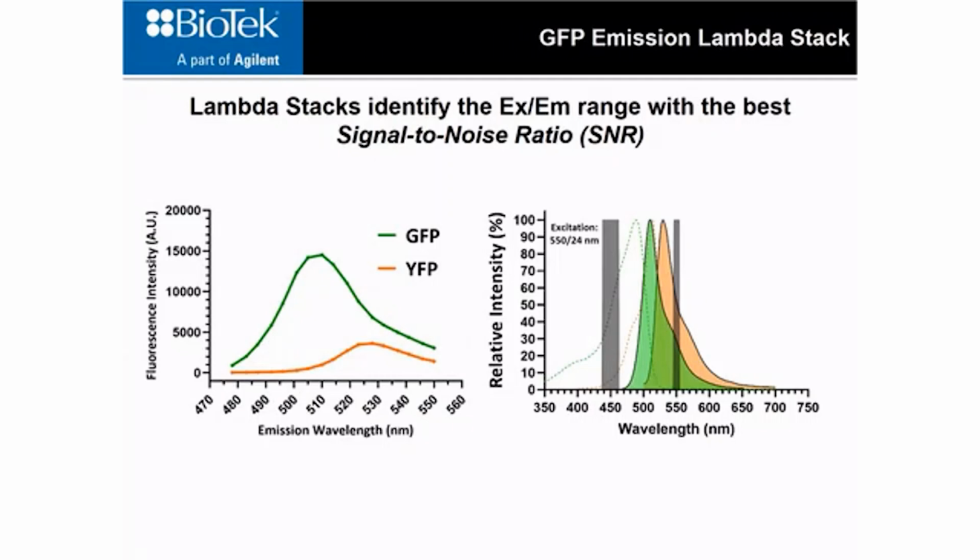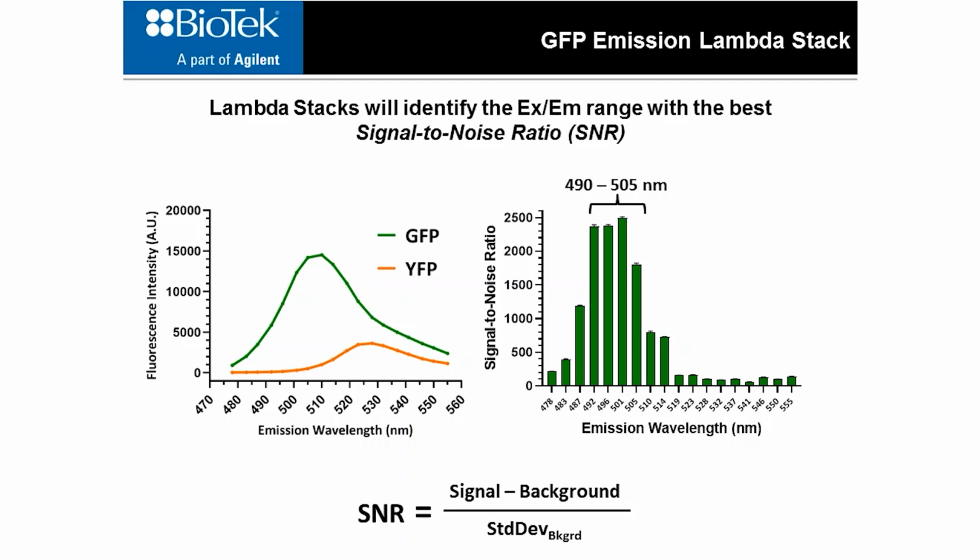As you can see, your signal for GFP peaks between 500 and 520, and you're going to get background from YFP a little bit further off. So after doing the calculation, you could find that your ideal range to collect GFP signal while minimizing YFP background contamination is between 490 and 505.